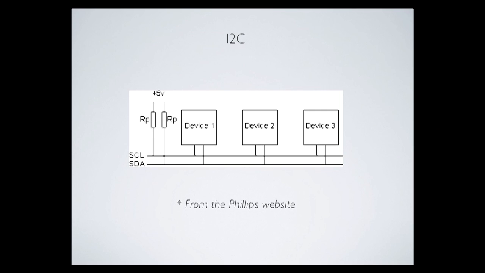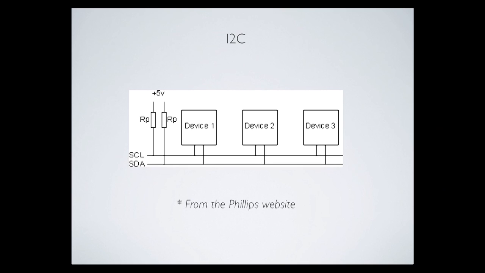Then you send out the command register, or the register address they call it, I believe, and then the data. So one device may have 10 different things it can do, so you address the device, then you put in the address for the function that you want to do, and then the option for the function. And on an LCD, it's pretty simple because you're not going to read from it, you're going to write to it all the time.